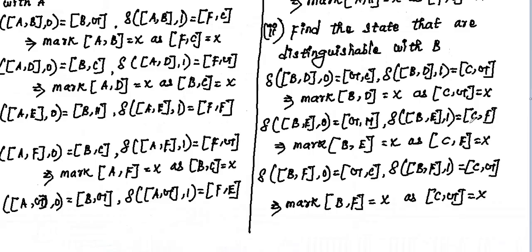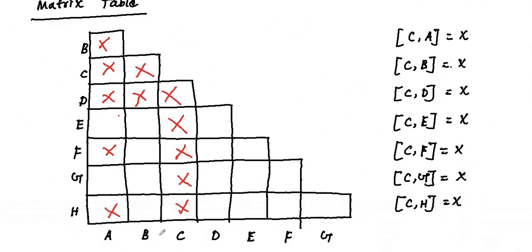Here you write CF. In these two answers, CF we already put a cross mark in the first step. So mark BE equal to cross mark because CF is cross mark. So here BE is a cross mark. Go to the matrix table, BE cross mark. Put a cross mark here.